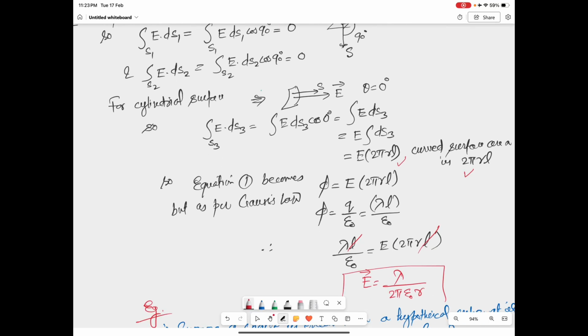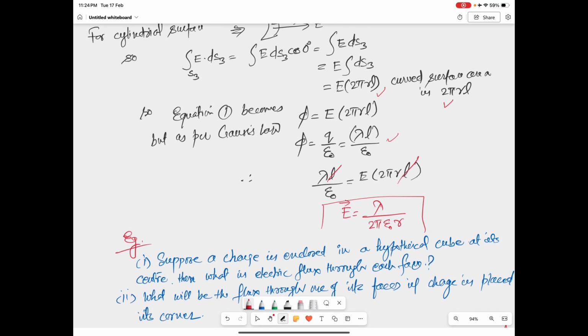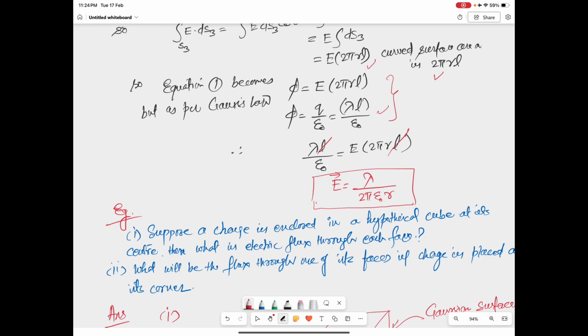So when this value is substituted, phi is equal to E into 2 pi r L, and from Gauss's law, phi is equal to q upon epsilon naught, which is lambda L by epsilon naught. These two are equated, and we get lambda L by epsilon naught equal to E into 2 pi r into L. So E, the electric field at a distance r because of the infinitely long wire having a charge density of lambda, is given by lambda upon 2 pi epsilon naught r.